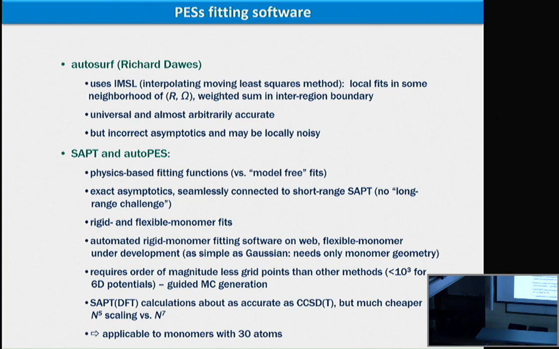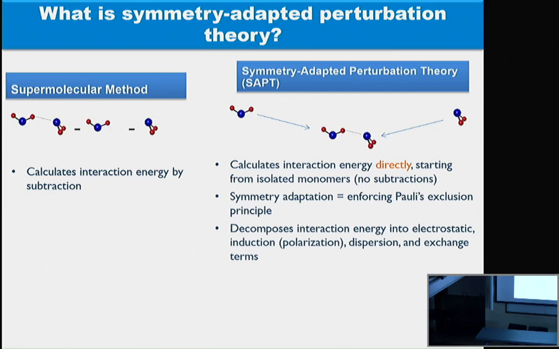So our method is called AutoPES, because it's completely automatic. It's based on a method called symmetry adapted perturbation theory, SAPT, and I will briefly tell you what this method is. The standard way of calculating interaction between molecules is to calculate the total energy of the dimer and subtract energies of the monomers.